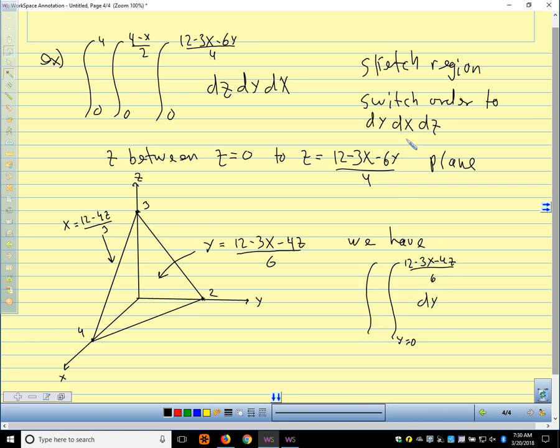We want x to go from 0 to (12 minus 4z) over 3, and z is going to go from 0 to 3. That would be our integral with the order switched.